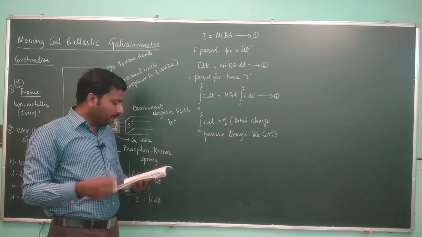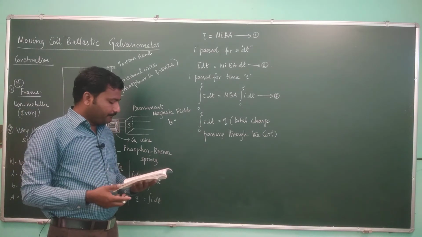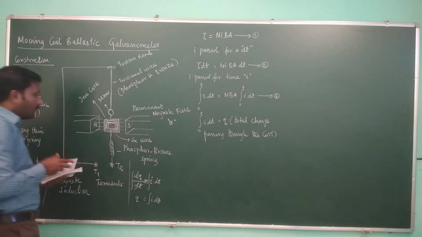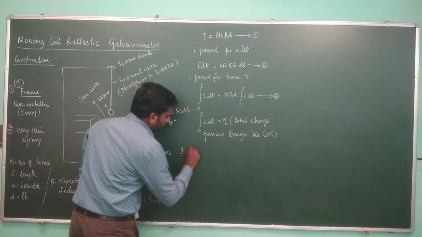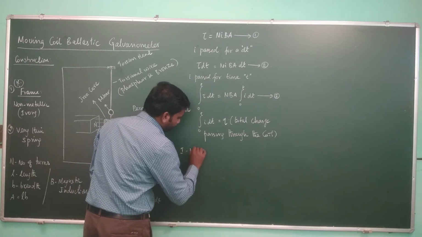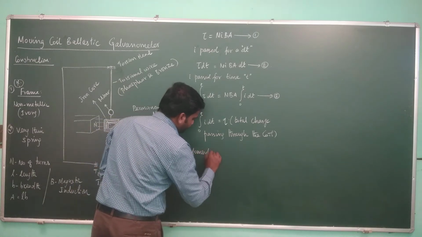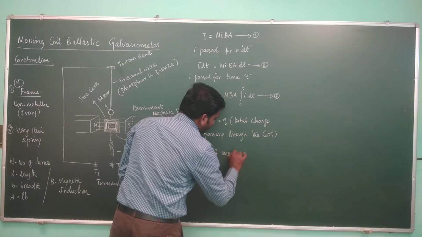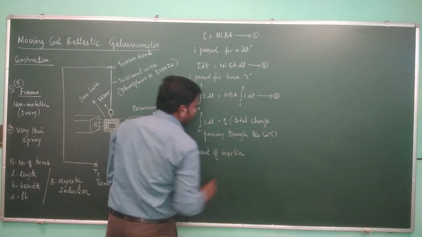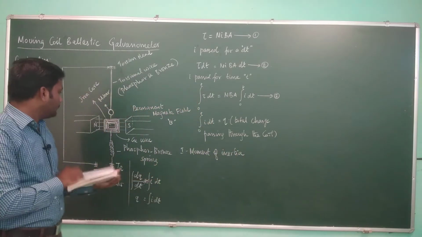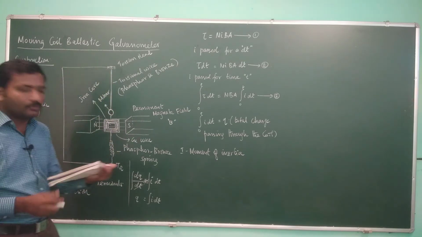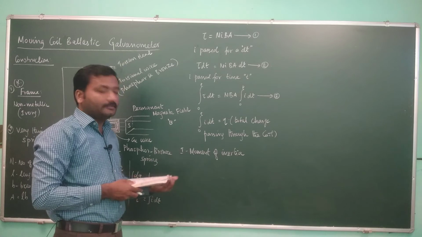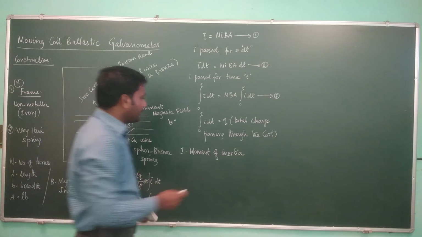If there is an angular impulse, then there will be an angular moment of inertia. Let I be the moment of inertia about the axis of the coil, and omega is the angular velocity.